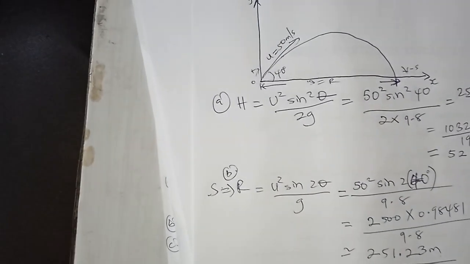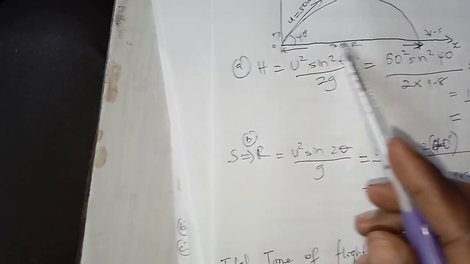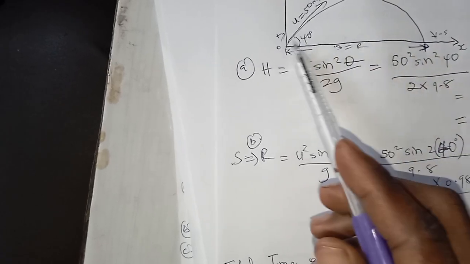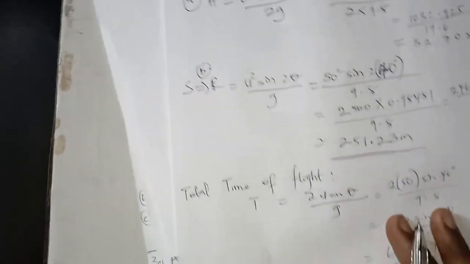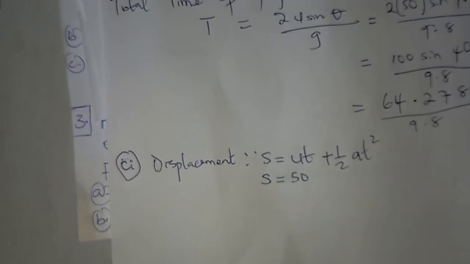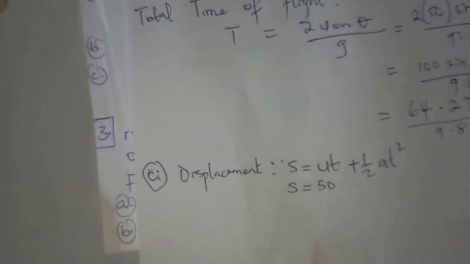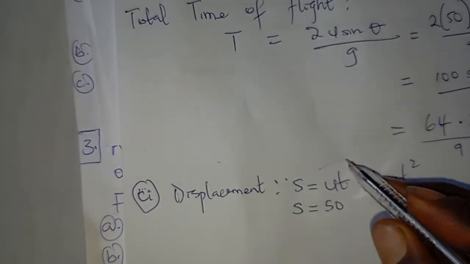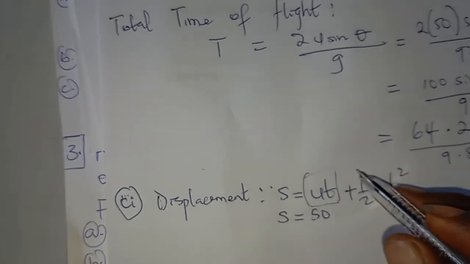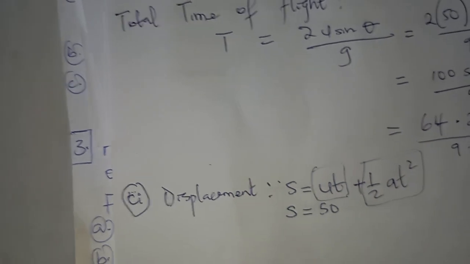So I think the best way to go about this is to make use of the total time. This is like saying the horizontal displacement plus the vertical displacement.